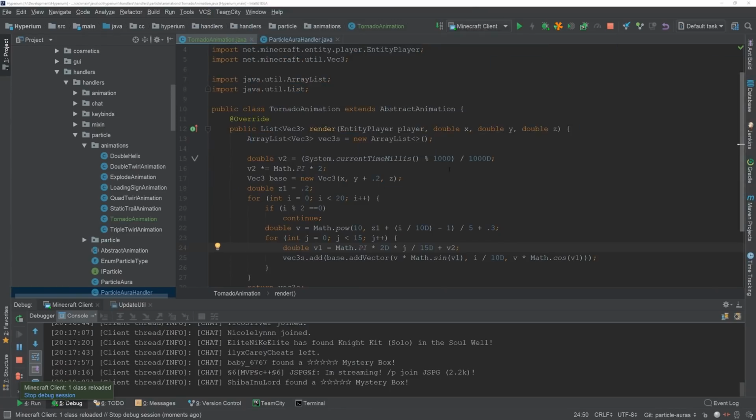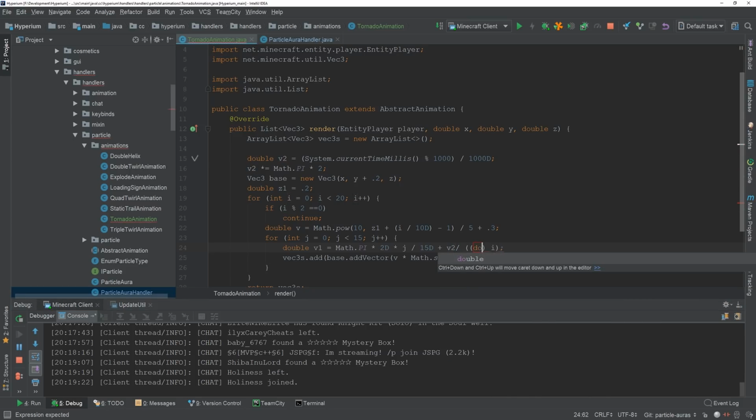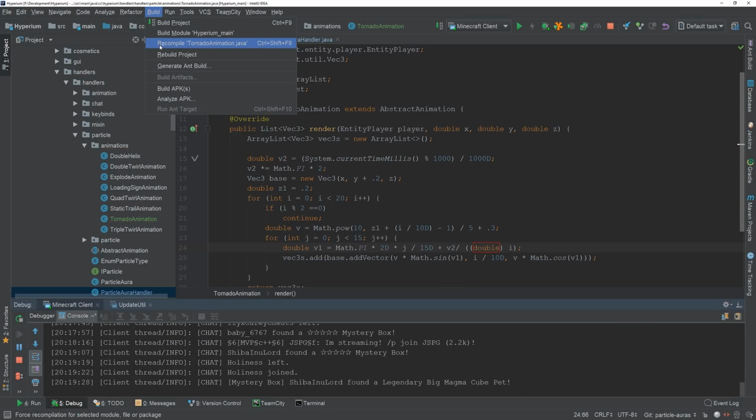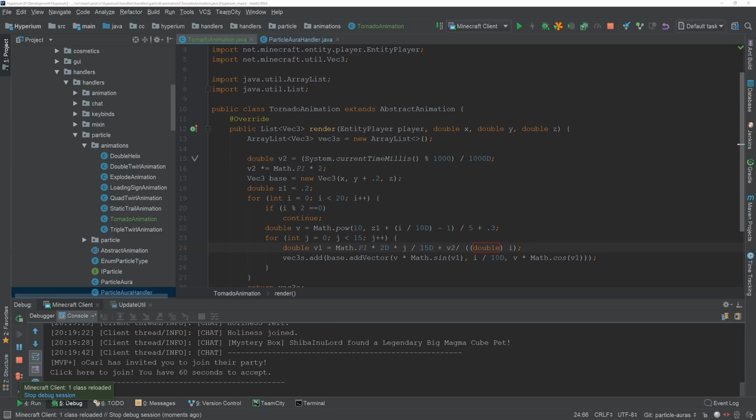Rotating fast though, right? If we just divide the rotation speed by I, divided by I cast to double. Oh, we're doing this wrong. We don't want it based on I, we want it based on V.